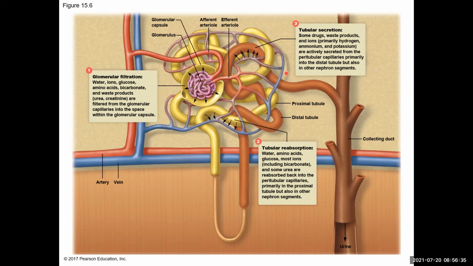Now there's also a tubular secretion where some other waste products, some medications, drugs, chemicals, and other ions are secreted through an active secretion process, so using energy, from these peritubular capillaries into the distal tubule. And those molecules and ions will be secreted in the urine.